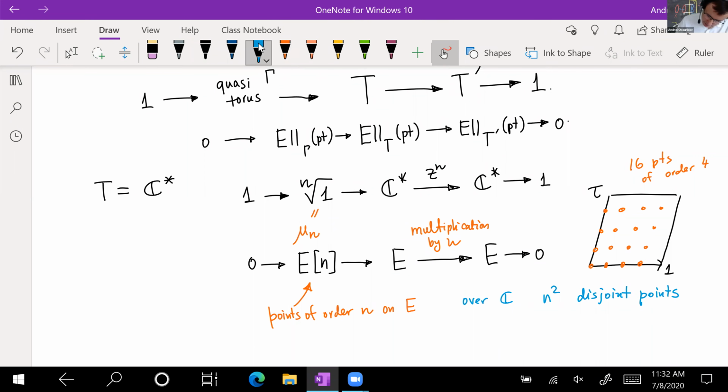But over some other field it may look very different. It could be n points.